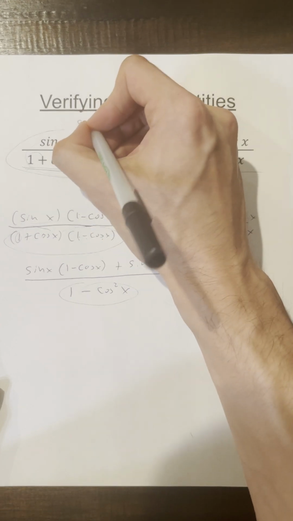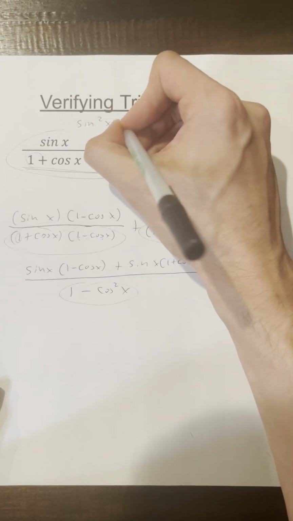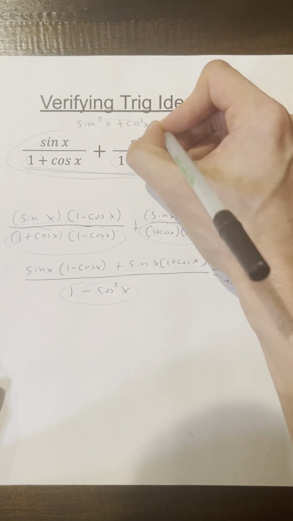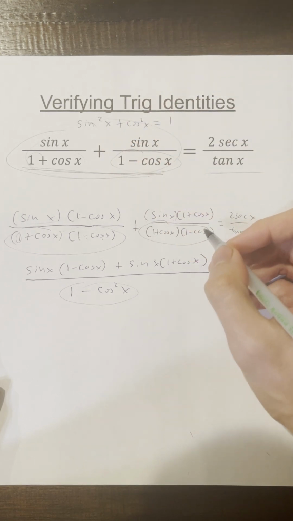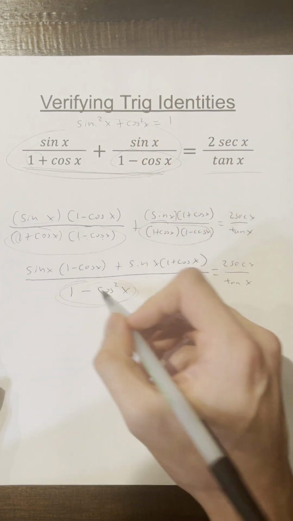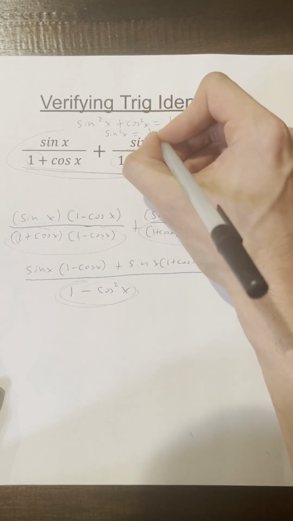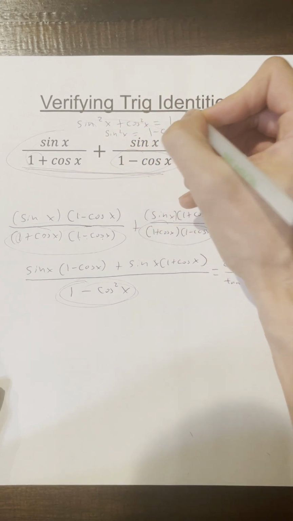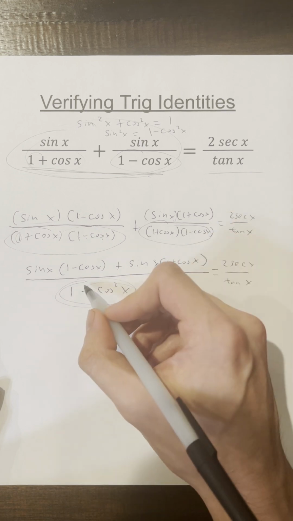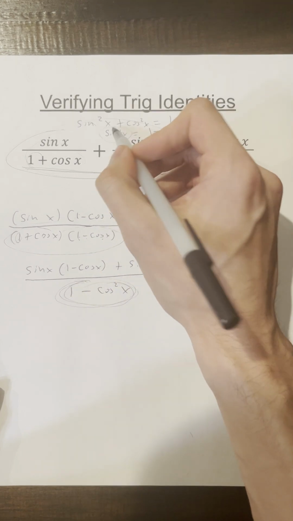Well, you need to remember sine squared x plus cosine squared x equals 1. So how do I create 1 minus cosine squared? So we got sine squared x equals 1 minus cosine squared x. So I can change this to sine squared x.